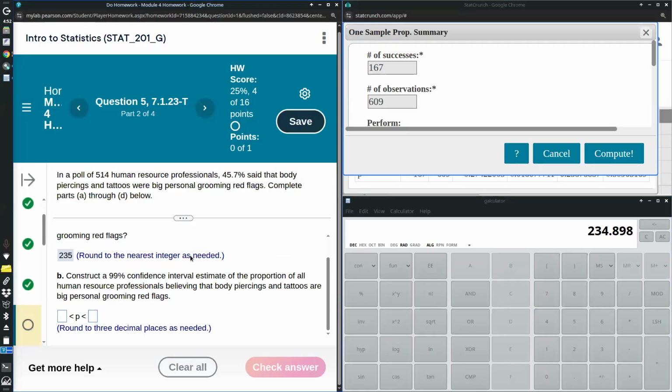Now we want to construct a 99% interval based on this. So I'm assuming we're going to use that value 235 and we're going to use 514. One thing that's interesting, notice the size of your interval and your confidence level.